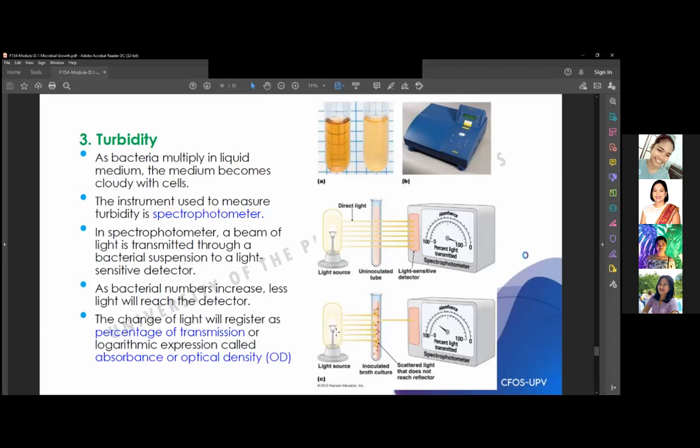Did you get the same results sa inyong experiment? Na yung blank nyo is mas mababa tapos dinededuct nyo siya doon sa inyong readings? Kasi what's the reason why you're using a blank? Kasi yung media nyo pa lang has already an absorbance reading or optical density.